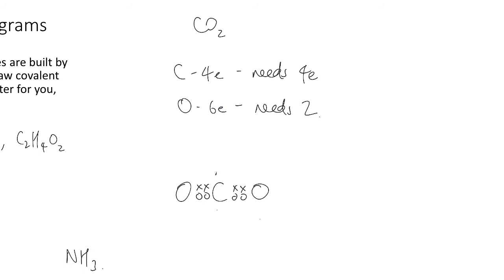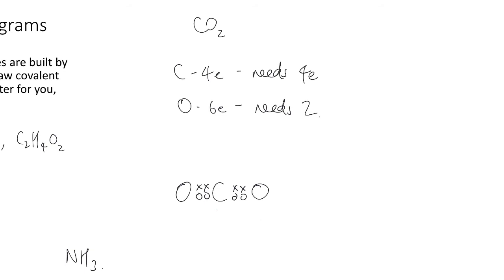Okay, so then I would be able to say that the carbon brought 4 and the oxygen brought 2 each. So we'll say the carbon has the X's. The carbon needs 4, right? And in the diagram, there are 4 of them that belong to the carbon, so it doesn't need any more.